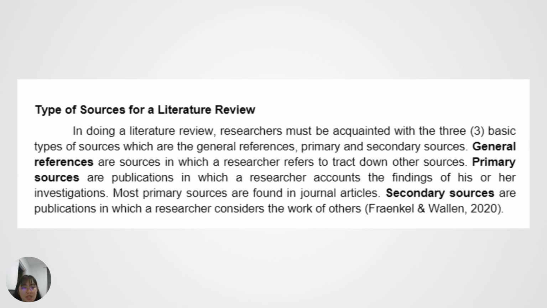Primary sources are publications in which a researcher reports the findings of his or her investigations, and most primary sources are found in journal articles. Secondary sources are publications in which a researcher considers the work of others. So that's why we use primary sources, which are journal articles.